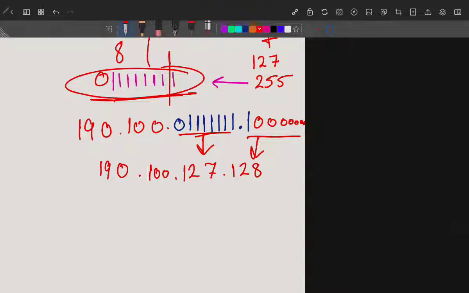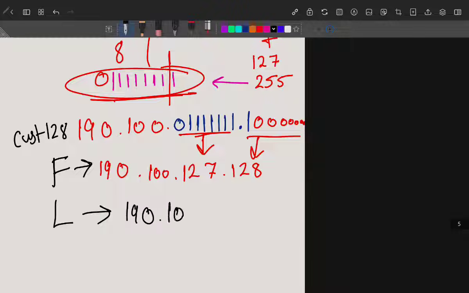And this would be the first address of customer 128. And what would be the last address of customer 128? 190.100.127. Now add 127, you get 255. Don't forget your subnet mask, 255.255.